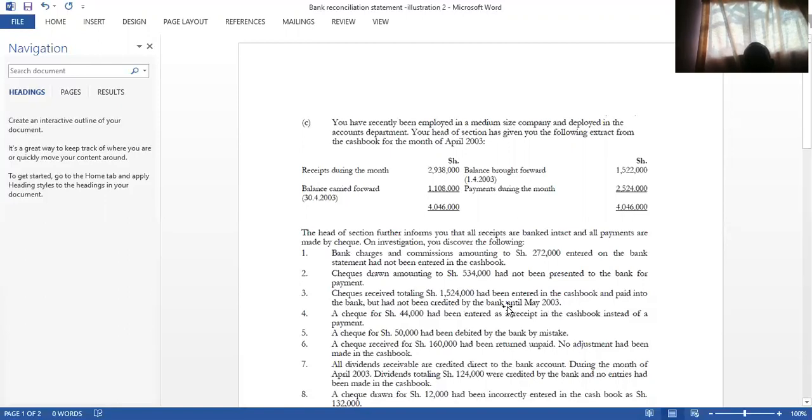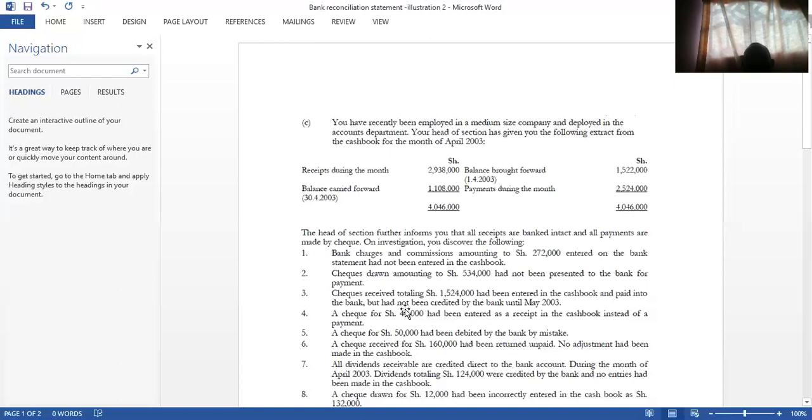This is uncredited cheques. Again, uncredited cheques will appear in the bank reconciliation statement and not in the updating of the cash book. A cheque of 44,000 had been entered as receipt in the cash book instead of payment.